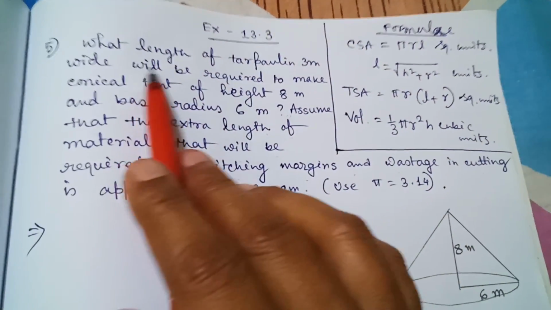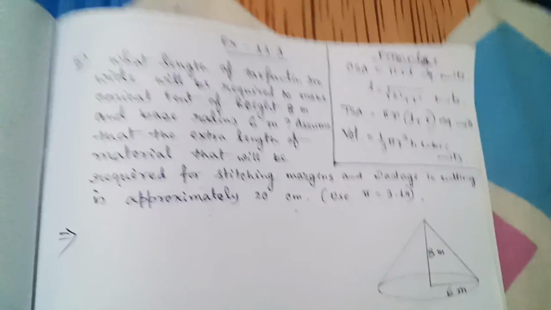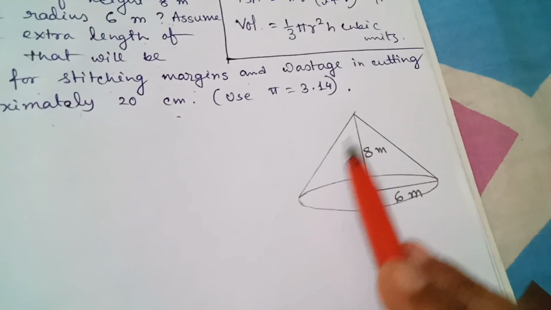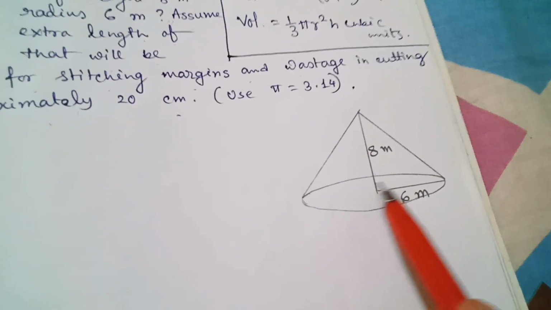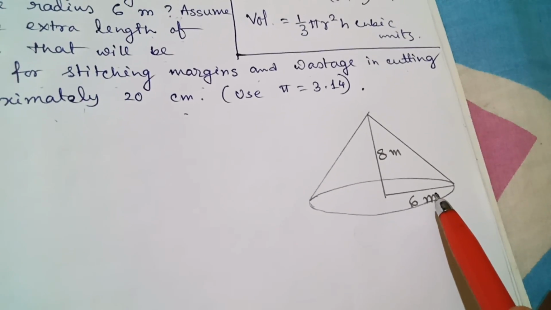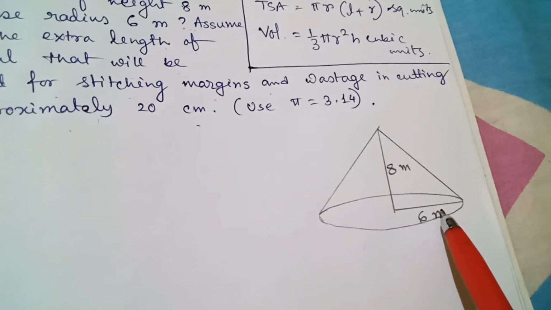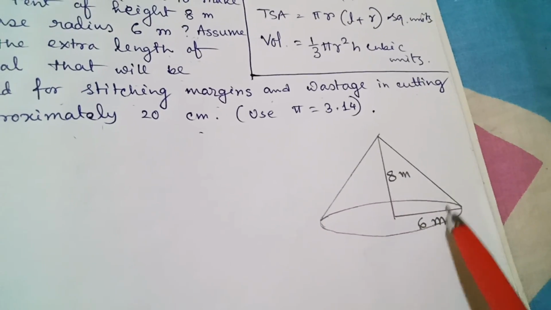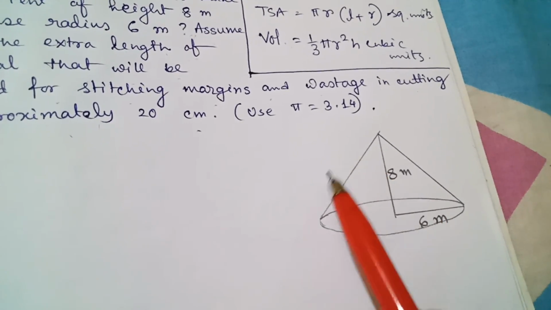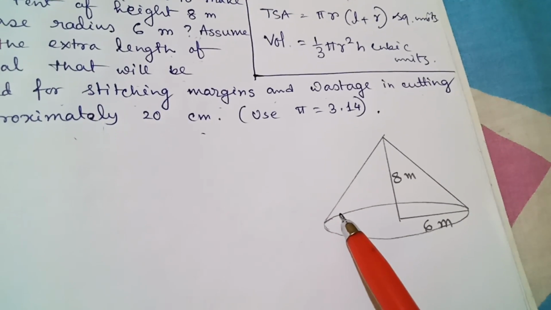First we need to find out what length of tarpaulin will be required to make the tent. The tent's lower part will never be covered with the tarpaulin, just the surrounding part. That means we need its curved surface area.